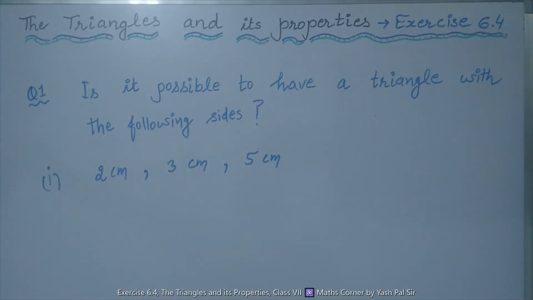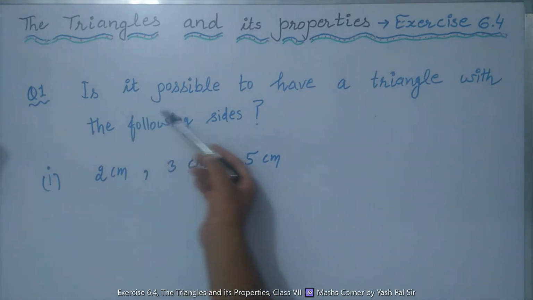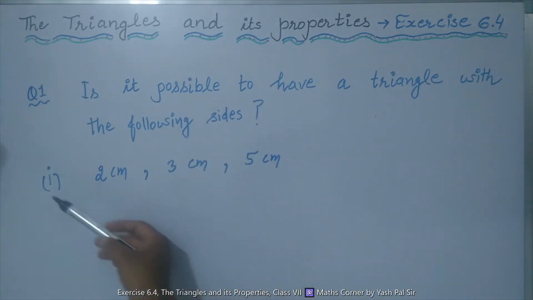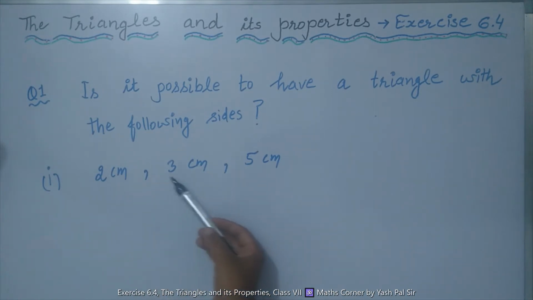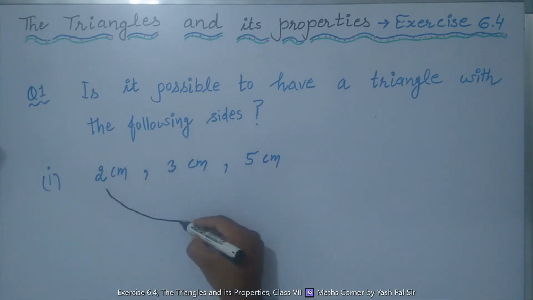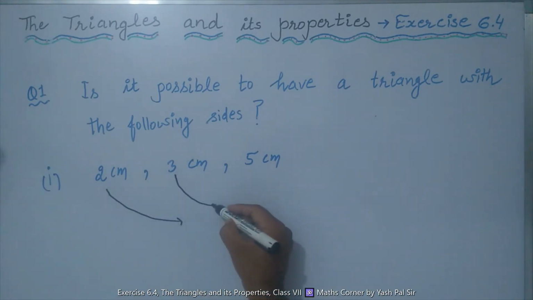On the basis of the introduction of this exercise, we proceed now towards the exercise. The very first question is, is it possible to have a triangle with the following sides? First part, 2 centimeter, 3 centimeter, 5 centimeter. These are the sides as per the given statement, the sides of the triangle. So what we see here, this is 2, this is 3.